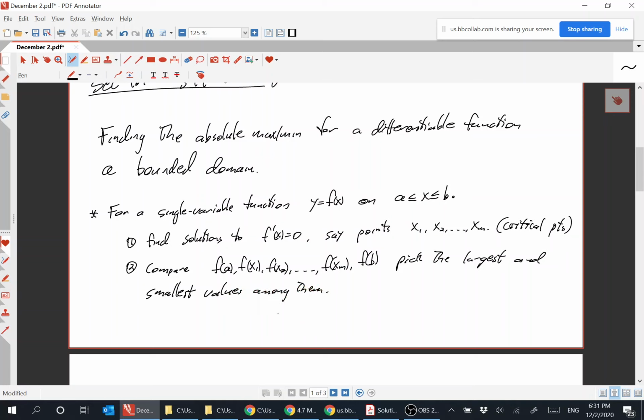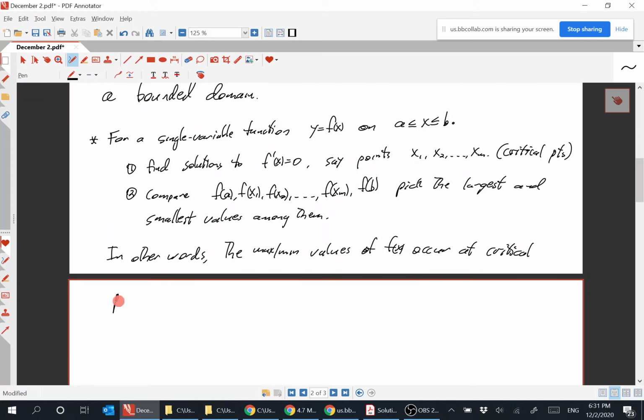Right? In other words, the max and min values of f of x occur at critical points and/or at the endpoints.